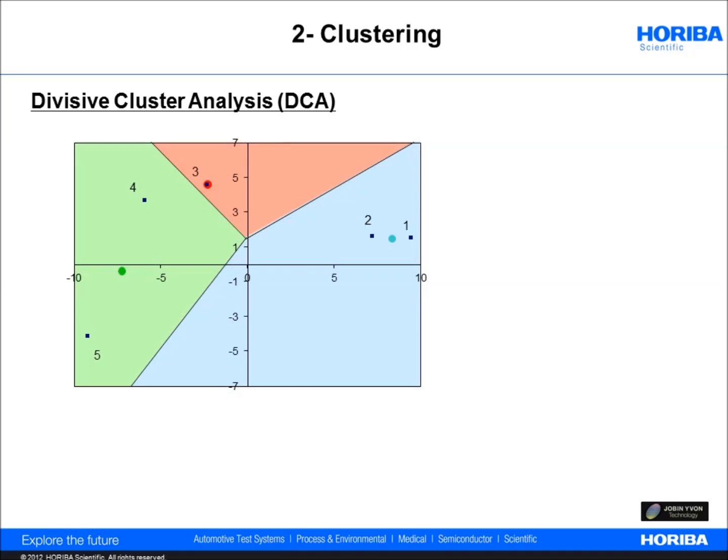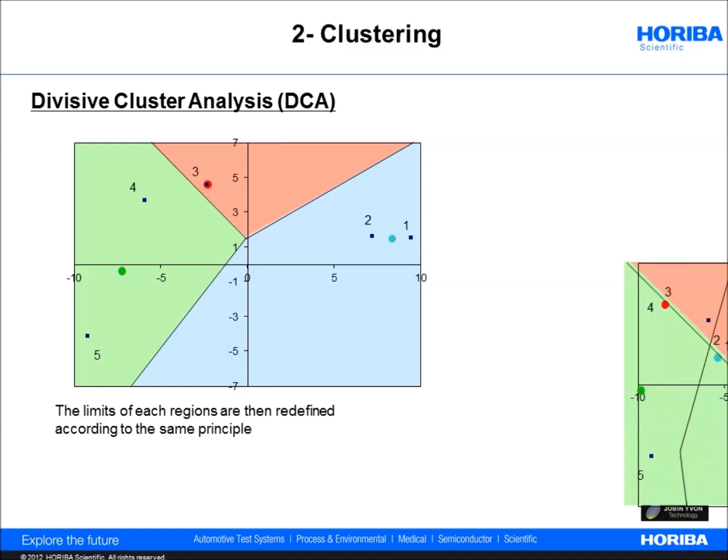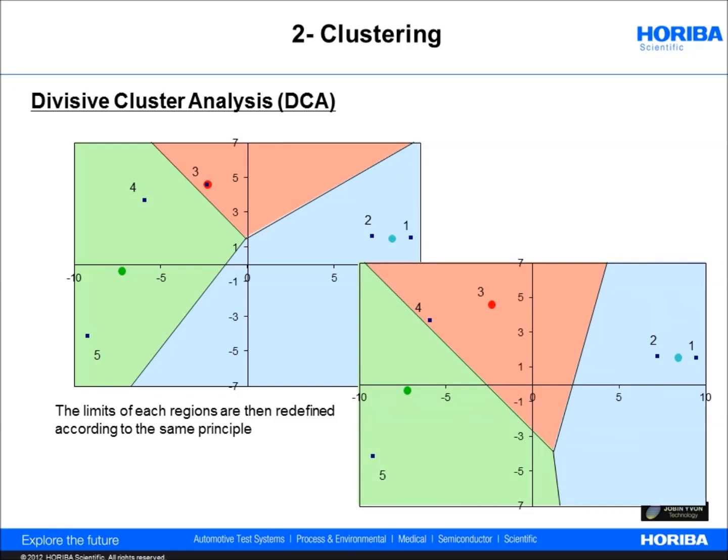Since the centroids moved, the divisions of the space have to be reset to take into account these changes. The limits of each region are then redefined according to the same rule as the one applied in the previous step. The picture changes quite dramatically, and now spectrum 4, which was included in the green region, is now part of the red one.